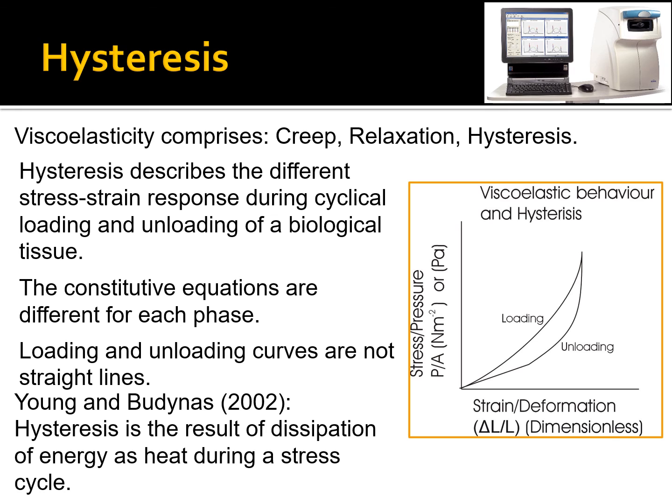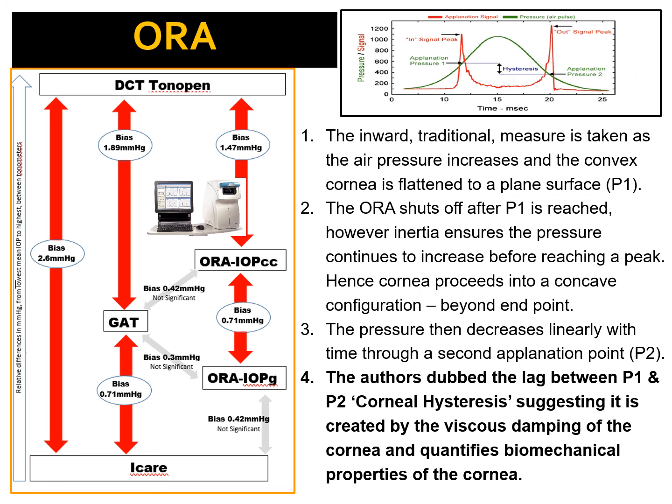So Young and Bodanis, they describe it in mechanical terms. Hysteresis is the result of dissipation of energy as heat during a stress cycle. So it's not quite the same. But it still has to do with the microstructure. So this is where this Aura machine came in.